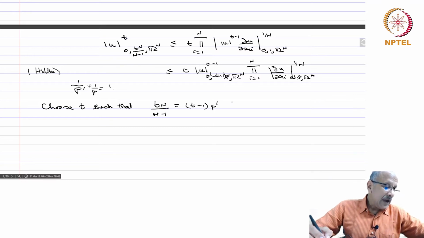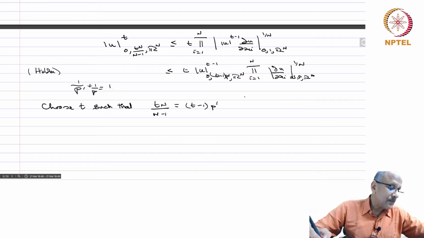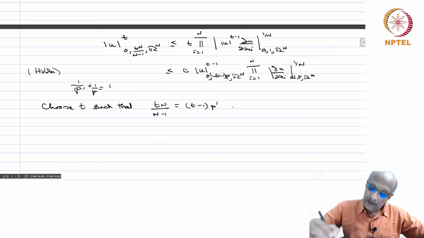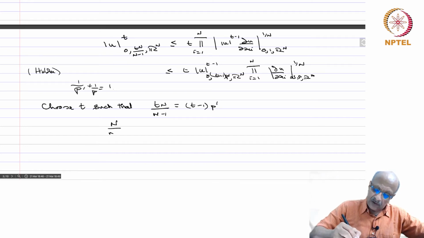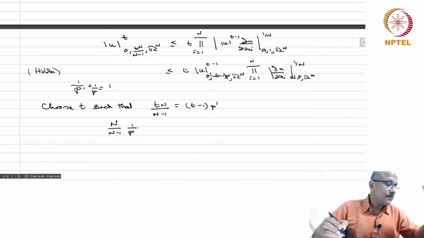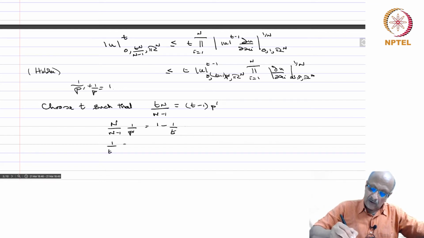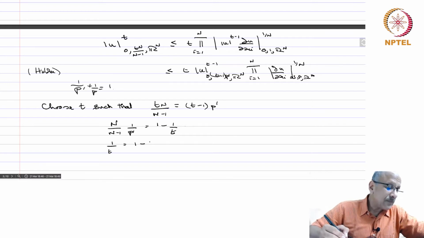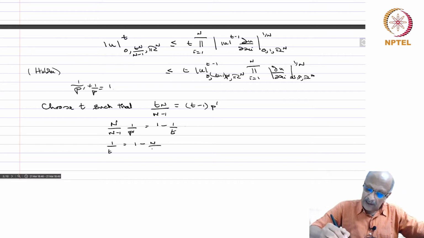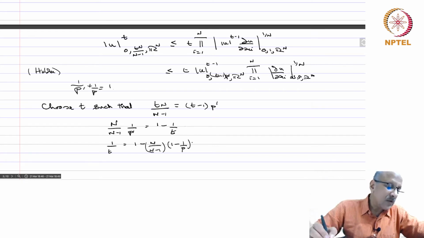So you have n by n minus 1. So what does this mean? That means n by n minus 1 into 1 by p' equals, so I am going to divide by t on the other side, 1 minus 1 by t. Or 1 by t is now equal to 1 minus n by n minus 1 into 1 minus 1 by p, since 1 by p' is 1 minus 1 by p.